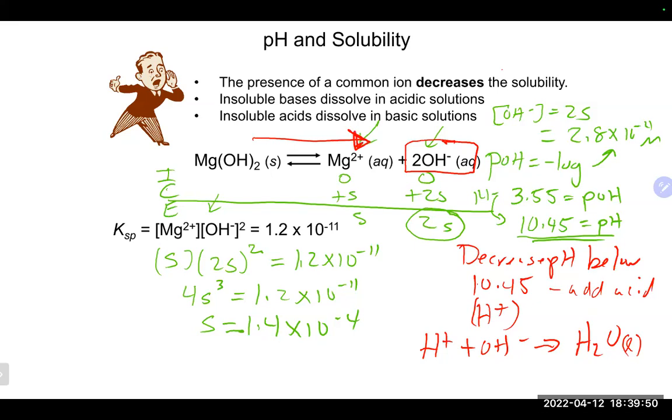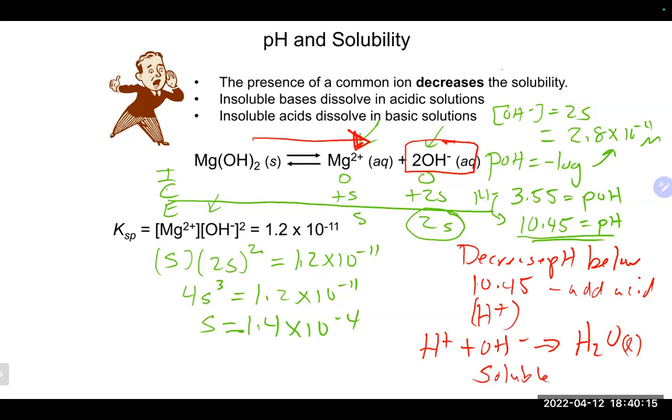When it shifts to the right, do I have more solid or less solid? I have less, which means it is now going to be more soluble, right? So if I take my guy below 10.45 in terms of the pH, I should actually start to see this guy start to dissolve into the solution, and it will become more soluble in this case.